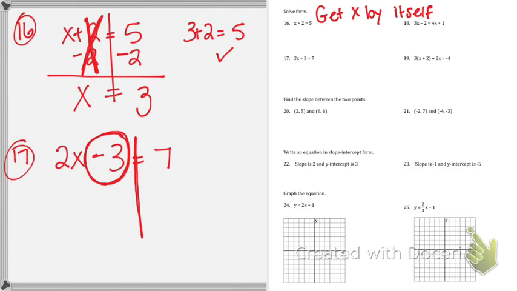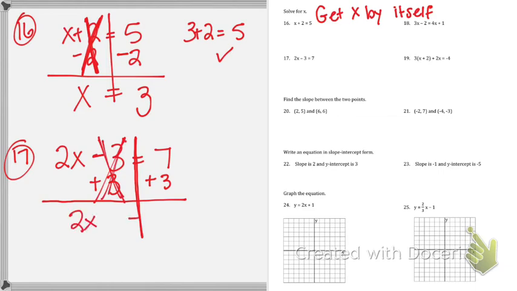So the opposite of subtracting is adding, so we're going to add 3 to both sides. These are going to cancel, and we're left with 2x equals 10. But I still don't have x by itself. Right now, x has a 2 directly attached to it. 2 and x are multiplying.